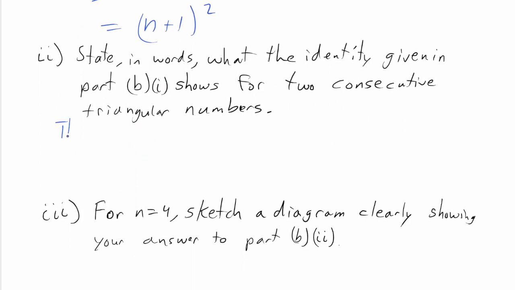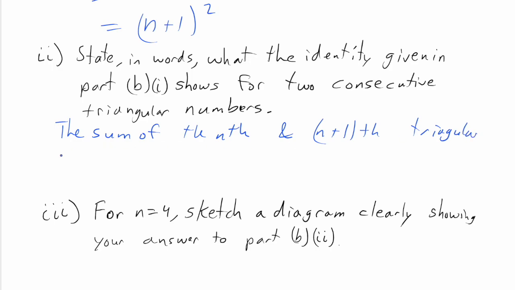So we could say the sum of the nth and n plus 1th triangular numbers equals n plus 1 squared, or maybe you can write it as the n plus 1th square number.